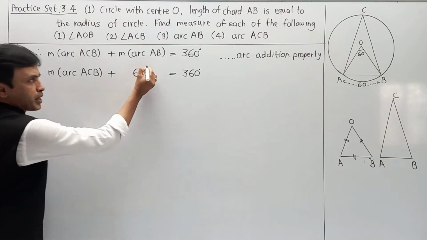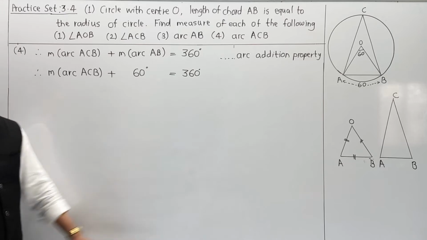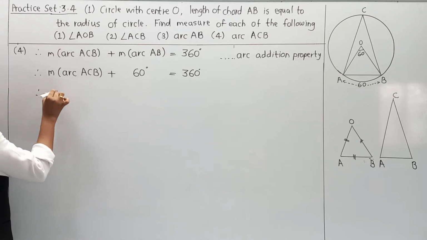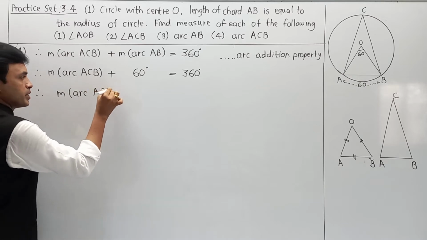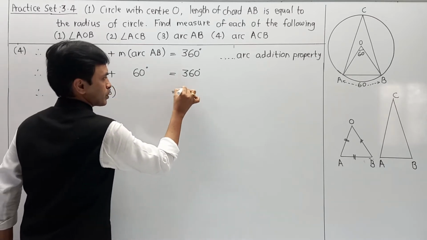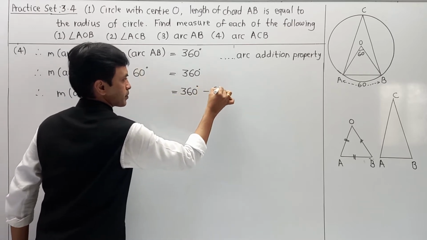Now simplifying this part numerically, shifting plus 60 to that side. Therefore major arc ACB is equal to 360 degrees minus 60 degrees.